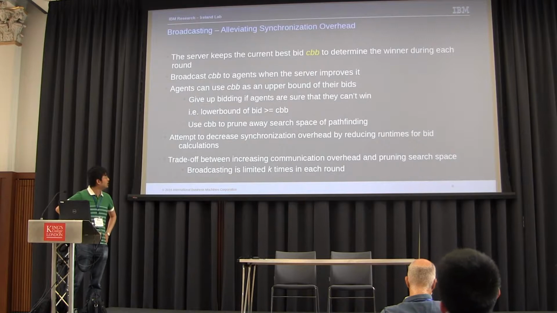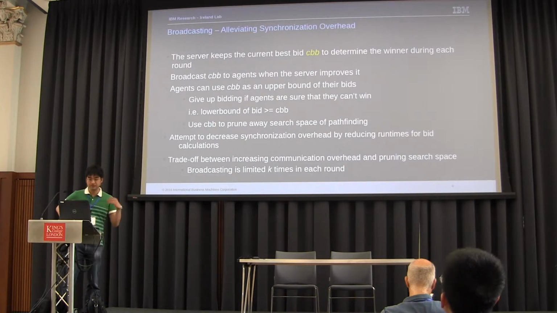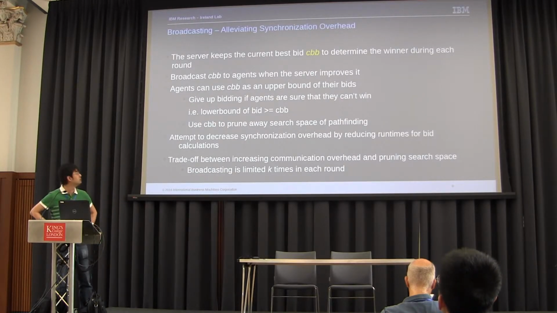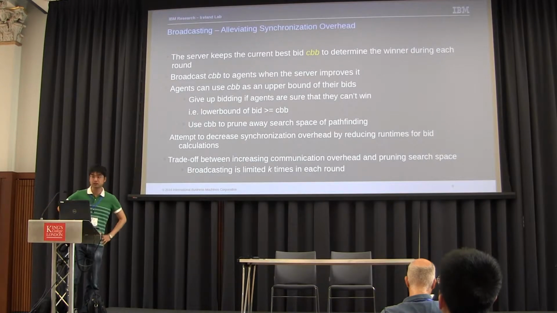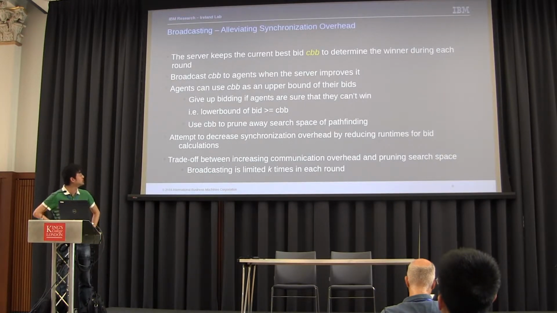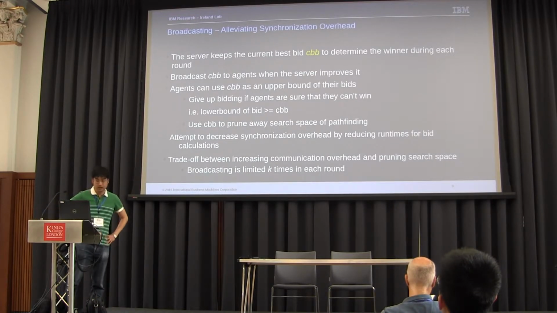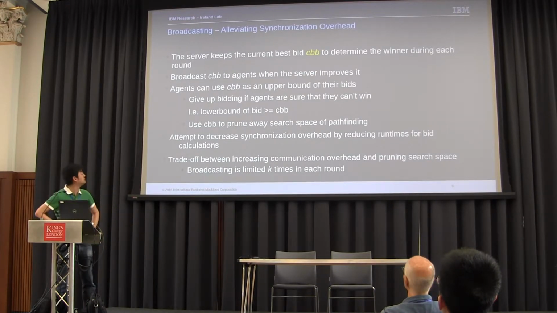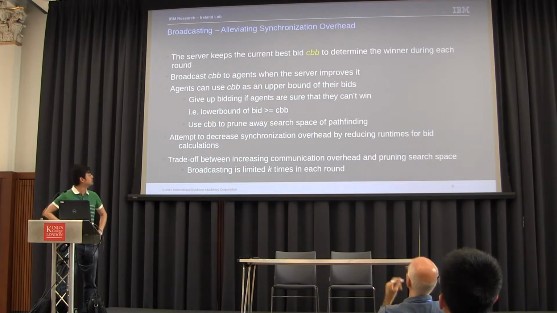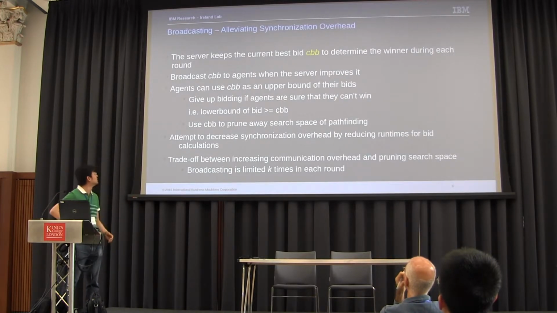To alleviate this problem, I present two approaches. One I call broadcasting, and the idea is actually quite simple. Because the server collects all the bids from those agents, the server keeps the current best bid in order to become the winner during each round.